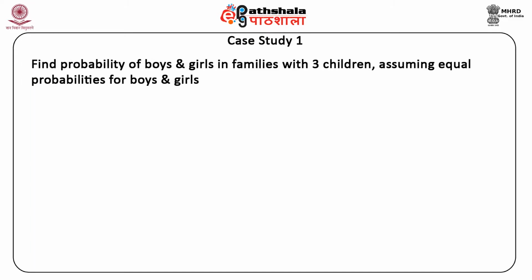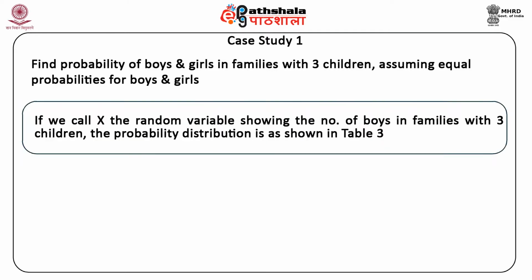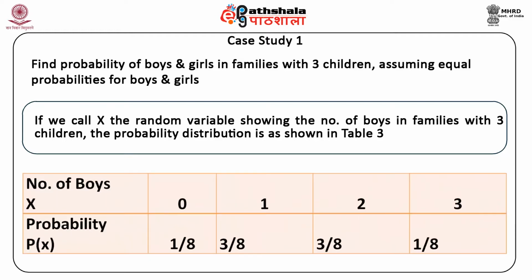Case study 1. Find the probability of boys and girls in families with 3 children, assuming equal probabilities for boys and girls. Solution. If we call X the random variable showing the number of boys in families with 3 children, the probability distribution is as shown in table 3. In table 3, we have the number of boys denoted as X from 0, 1, 2, 3.